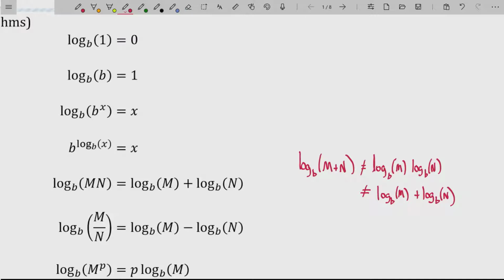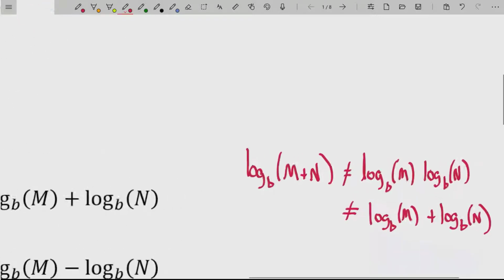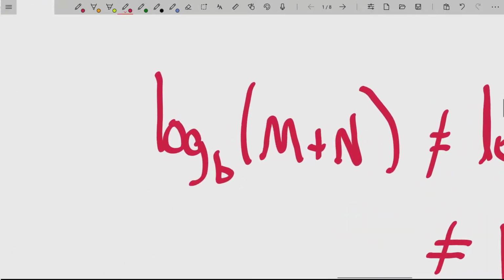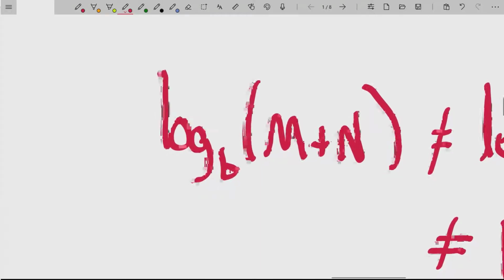So it's neither of those. We have no property that allows us to pull apart a logarithm that has a summation within it or a difference. You cannot do that. There's no property that allows us to break apart the log of a sum or a difference.